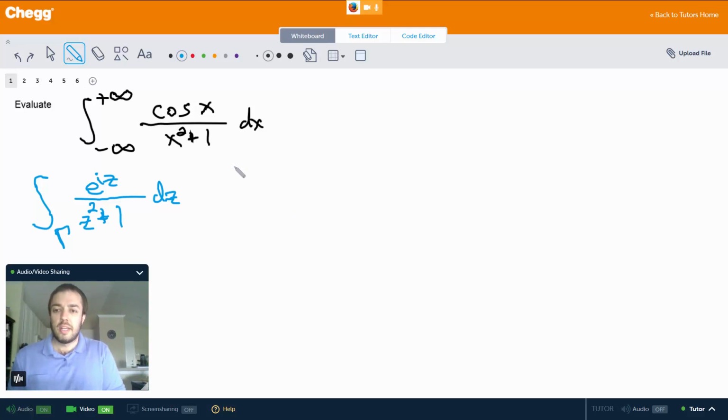Let's draw a picture of what gamma is. Whatever we have for capital gamma really depends on the specific problem. In this case, gamma is the upper semicircle. This is x, this is y.